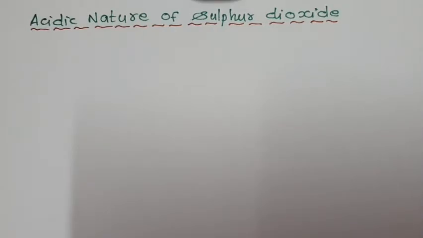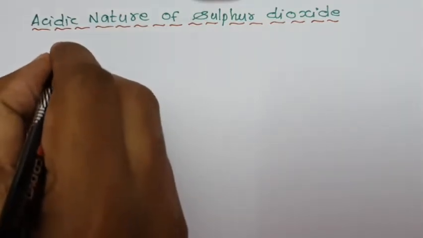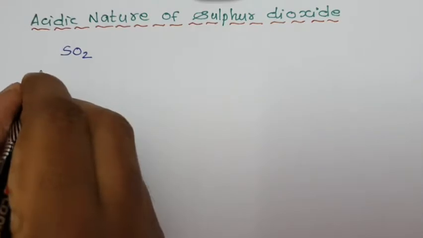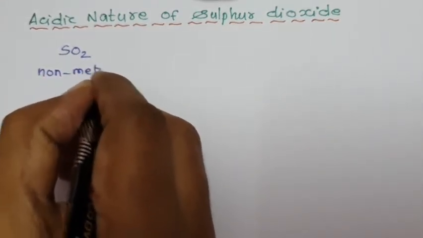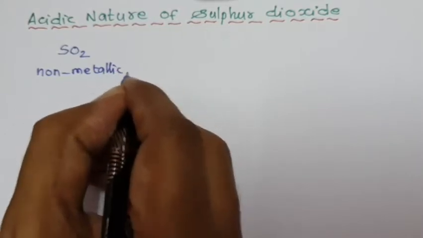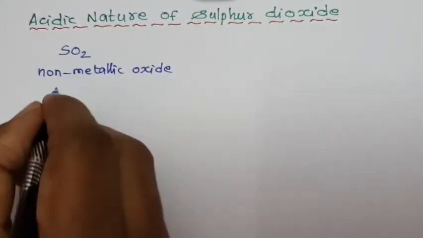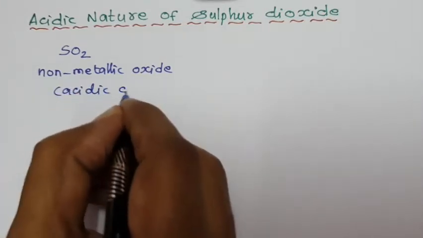Acidic nature of sulfur dioxide. Sulfur dioxide, SO2, is a non-metallic oxide. All non-metallic oxides are acidic oxides.